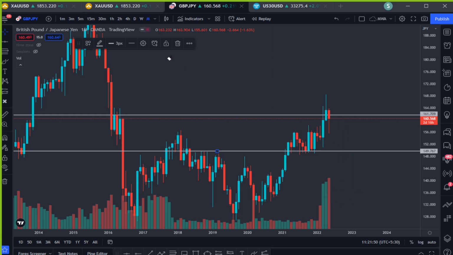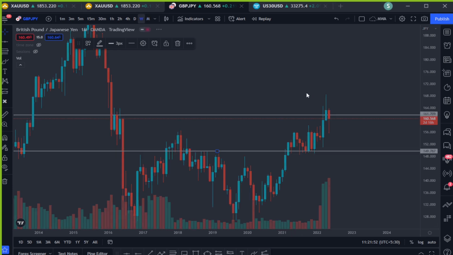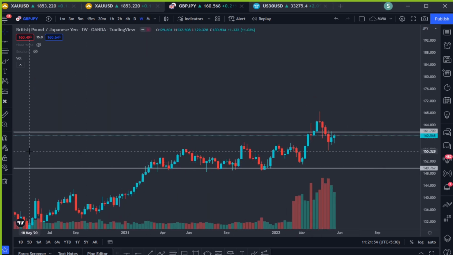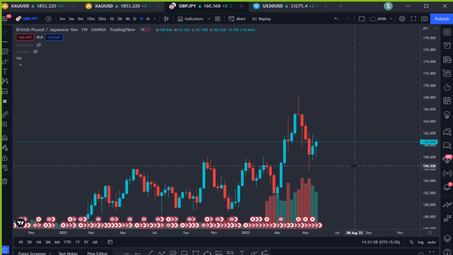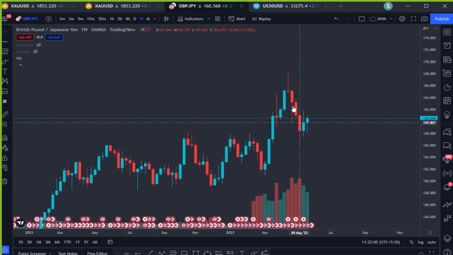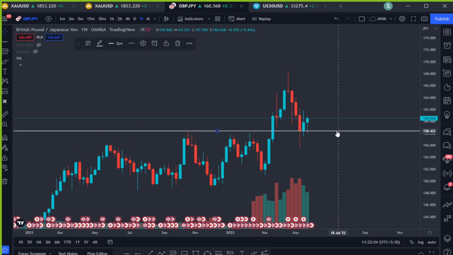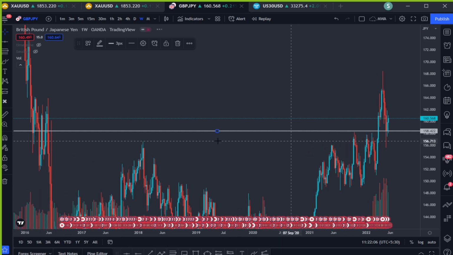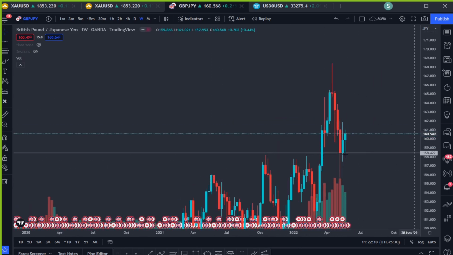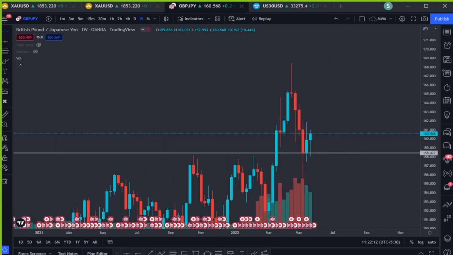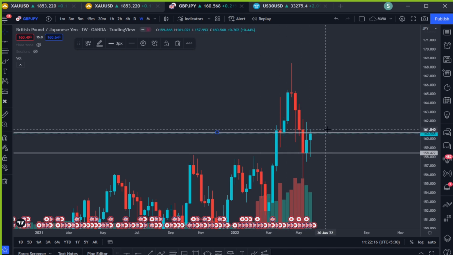Okay, now let's move to the weekly time frame. On the weekly time frame, as we can see, price was printing bearish candles back to back. Now we close bullish at the support, and the last weekly candle also closed bullish, although we are still below this resistance in this area.